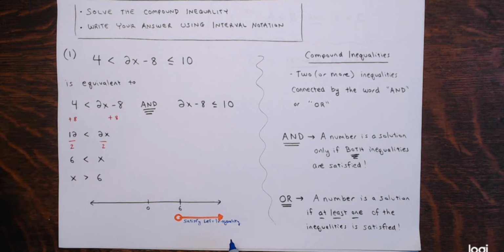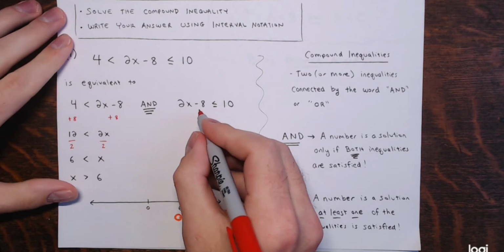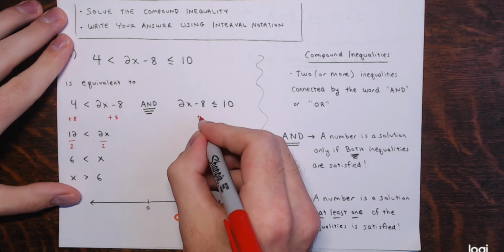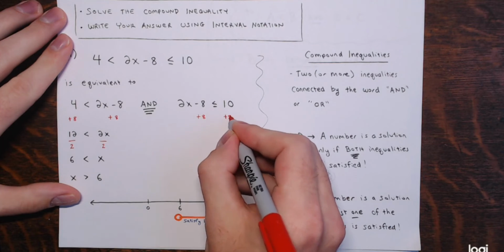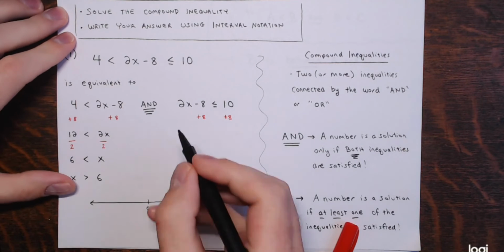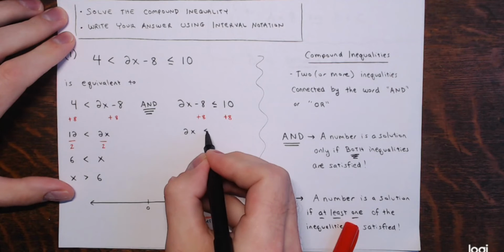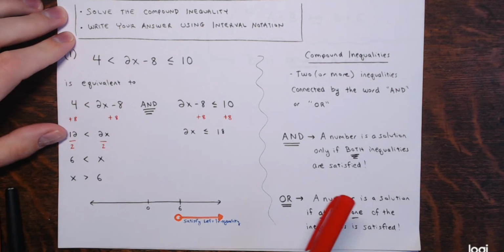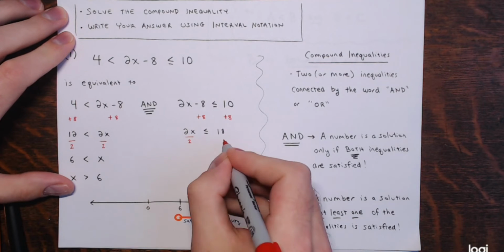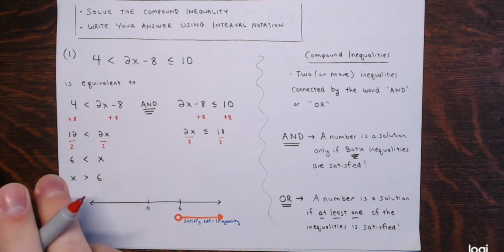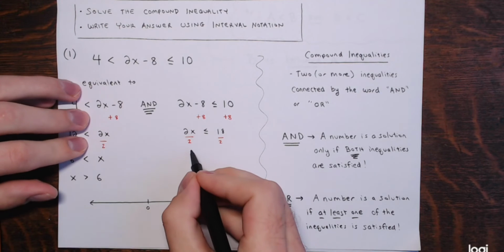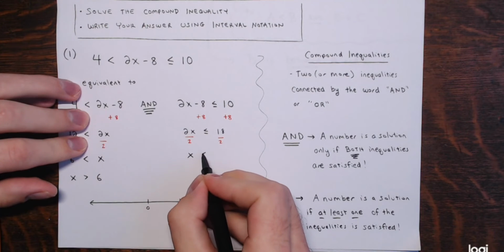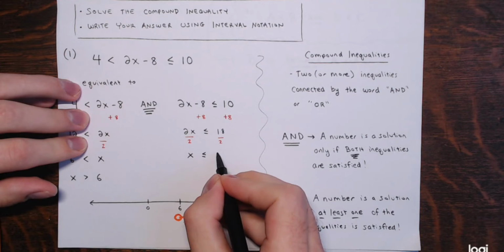All right, now what about the right inequality, or the second inequality? So pretty much the same steps. I'd be adding 8 to both sides first. That gives me 2x on the left is less than or equal to 18 on the right. And then I'd be dividing both sides by positive 2, and again this is a positive number, so the inequality will not change direction. We'll have x is less than or equal to 9.